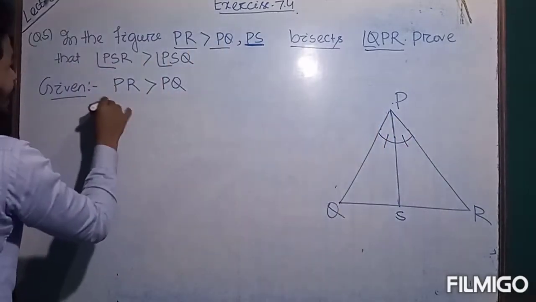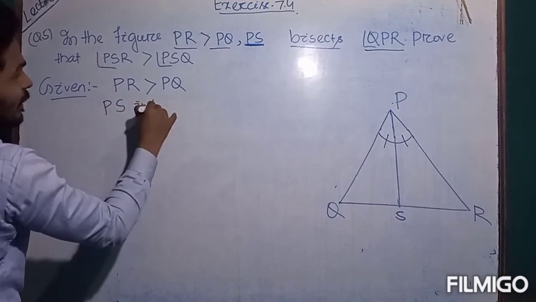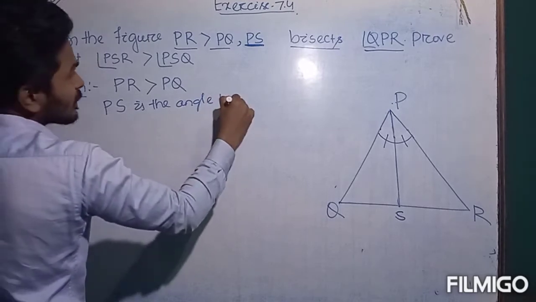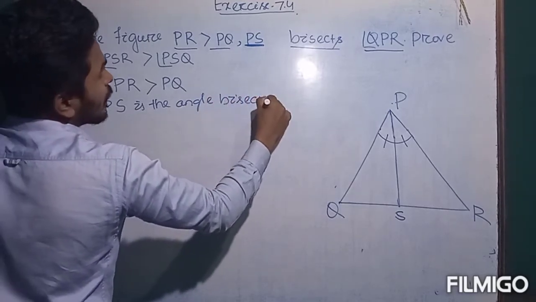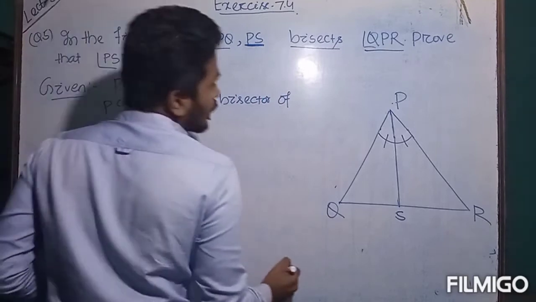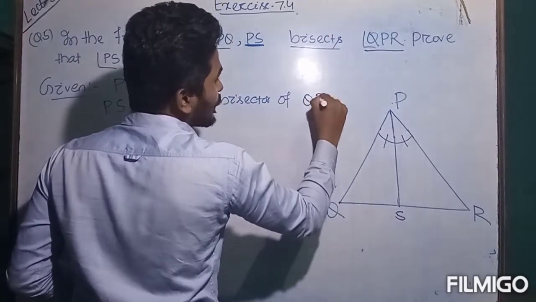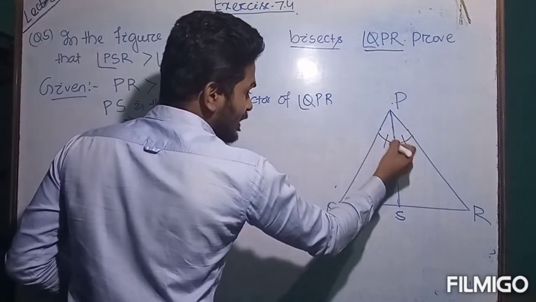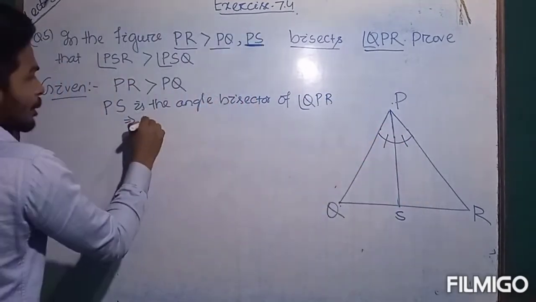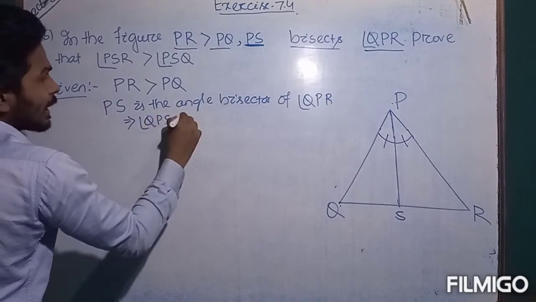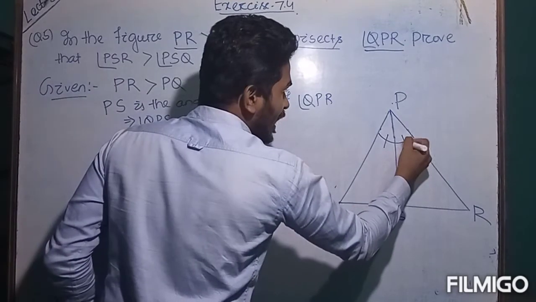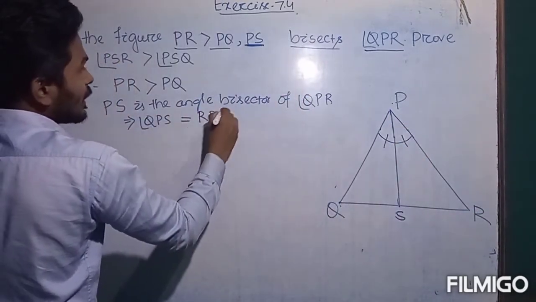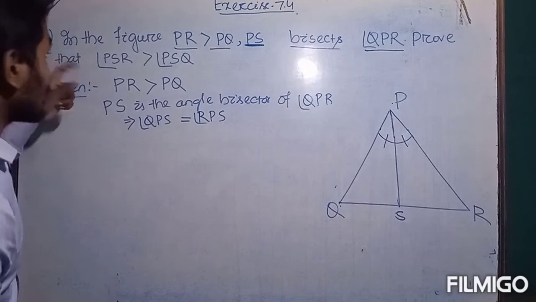So you can write here: PS is the angle bisector of angle QPR, or you can write this angle QPS is equal to this half, angle RPS. These are the two statements that are given.